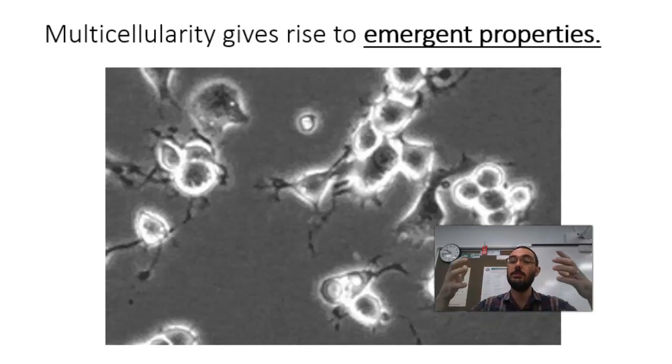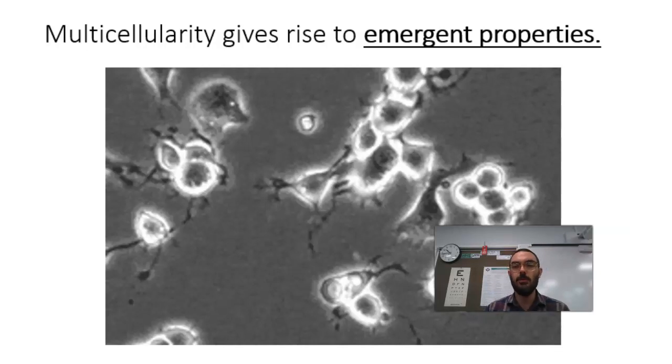Moving up to a single cell, that will have new emergent properties that those organelles could not carry out on their own. From cells into multicellular organisms, now we have new emergent properties which have to do with those cells working together, like, for example, making an organ like your heart or your brain. Those can do things that a single cell could never do on their own.